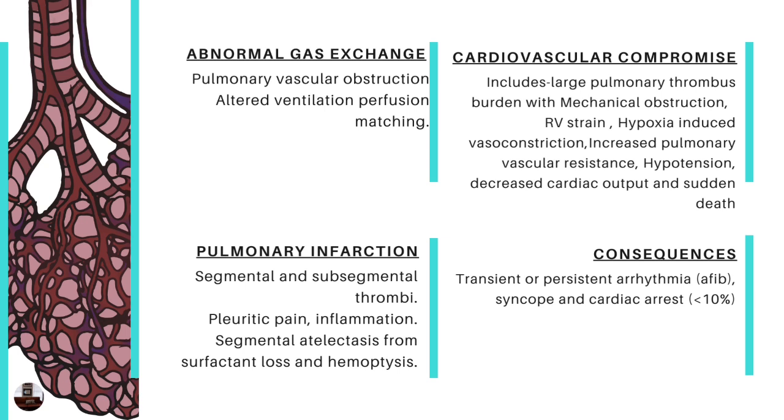There may also be large pulmonary embolus burden with mechanical obstruction, RV strain, increased pulmonary vascular resistance, and hypoxia-induced vasoconstriction. Of course, the consequences may include AFib and what we already mentioned, cardiac arrest.